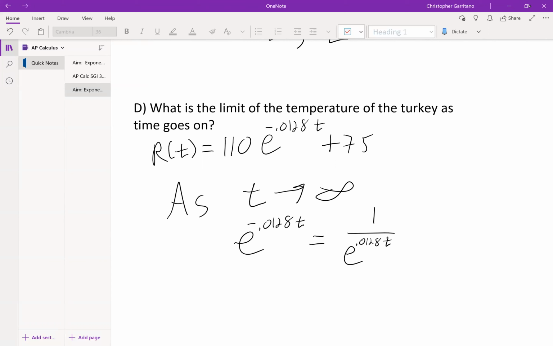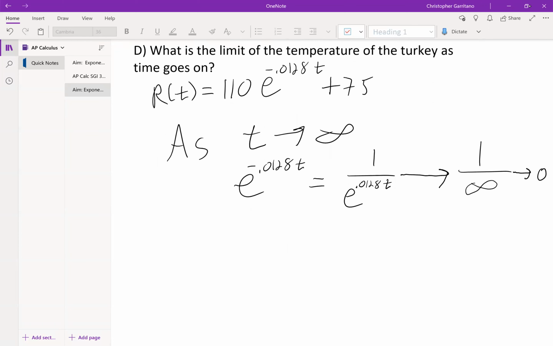And as t gets really, really large, this guy in the denominator is going to also get really, really large. So this is really going to approach something like 1 over infinity. Well, 1 over infinity, of course, is essentially 0. 1 over a very, very large number is a very, very small number.